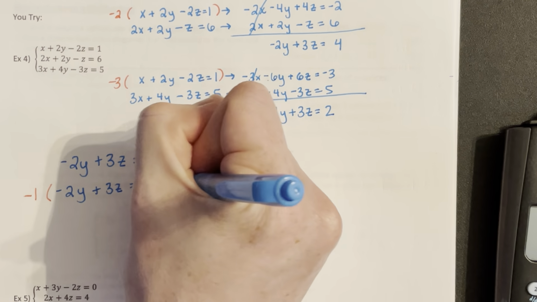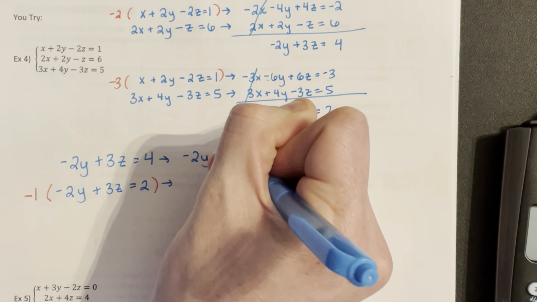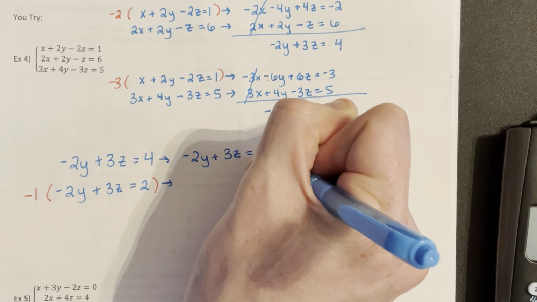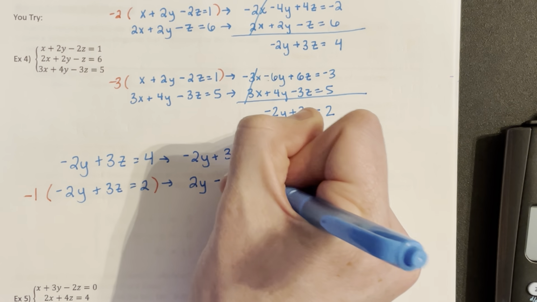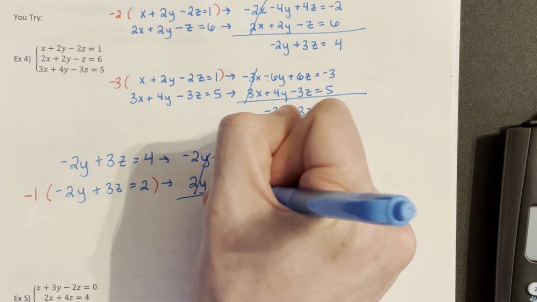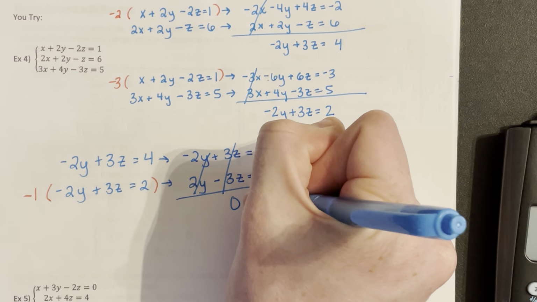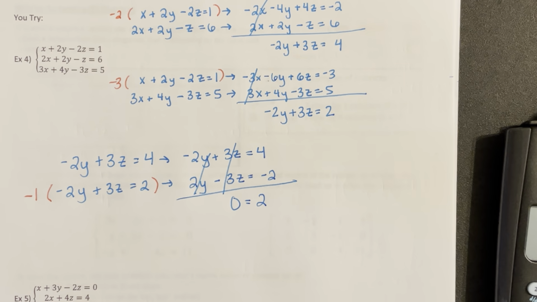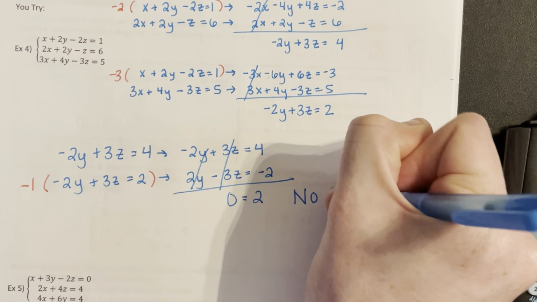What that ends up showing us, maybe you already kind of saw it when you wrote that down, a positive 2y, a -3z, and a -2. The y's cancel out, but so do the z's. And we get 0 equals positive 2. Automatically that came into something that's no solution.